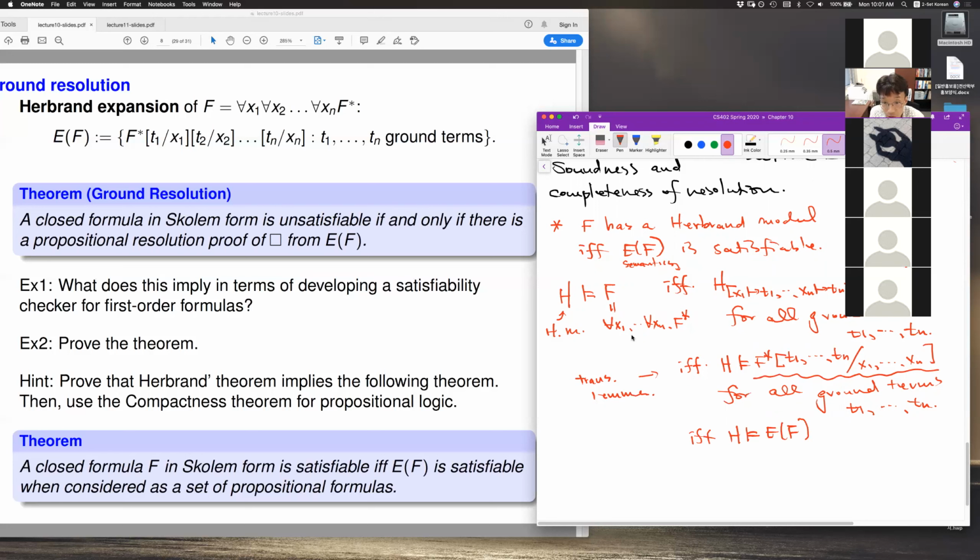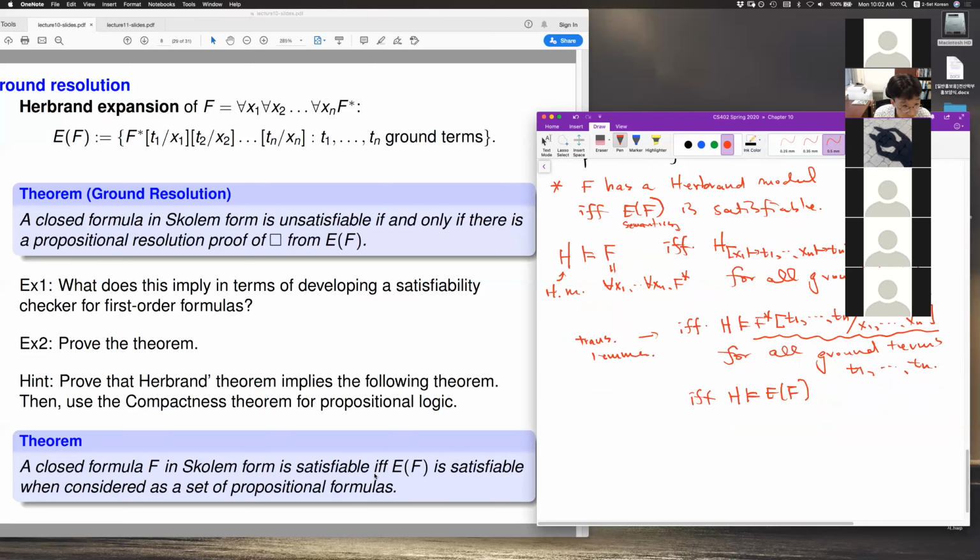Okay? So this shows that H, a Herbrand model, satisfies F if and only if the Herbrand structure satisfies the Herbrand expansion of F. So F has a Herbrand model if and only if the Herbrand expansion is satisfiable.